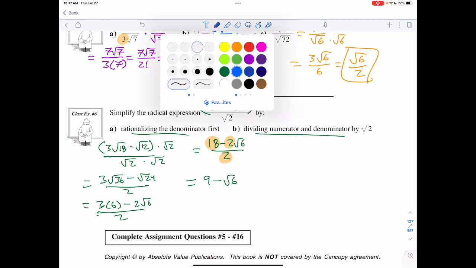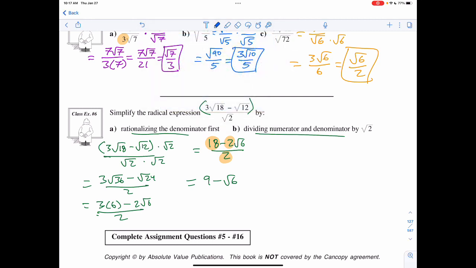In the second case, it says it wants us to just divide them out first. So if I have 3 root 18 minus root 12 over root 2, then I'm going to divide the 3 root 18 by root 2 and the negative root 12 by root 2. That's going to give me 3 root 9 minus root 6.